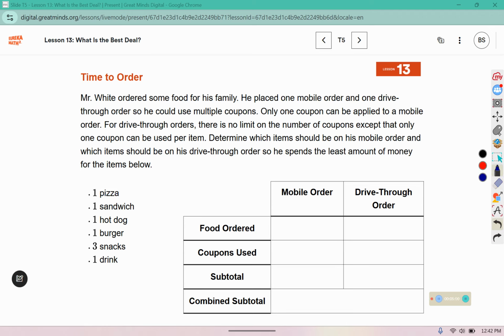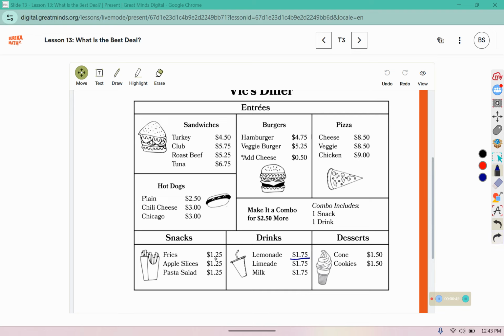Let's say I put it in a combo. The combo adds $2.50, but I get a drink and a snack. So it would be $2.50 for the plain hot dog plus $2.50 for the combo. And I would get the drink and a snack.